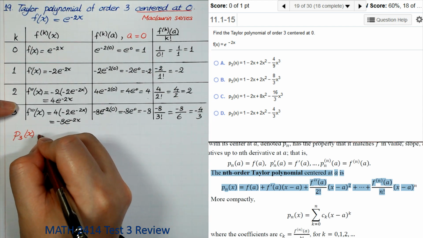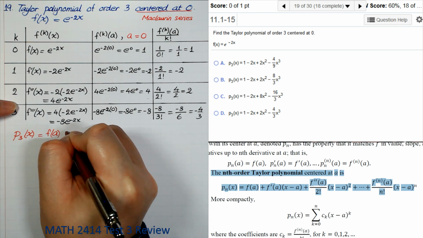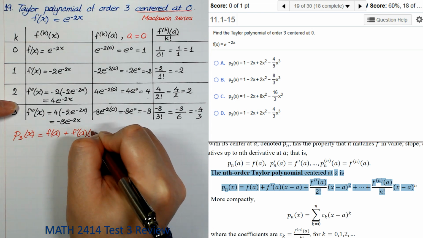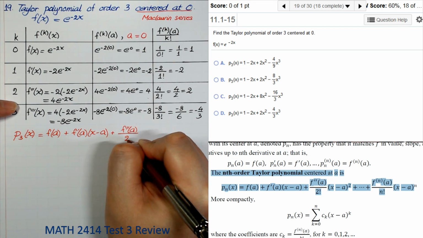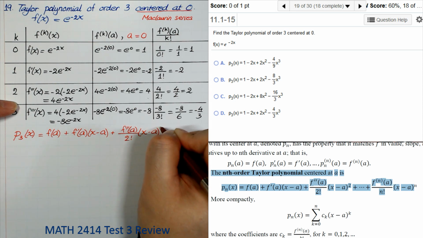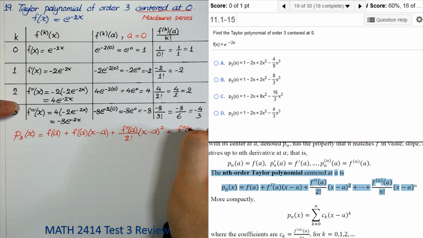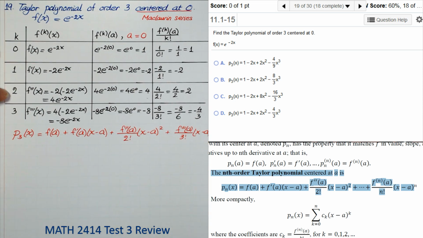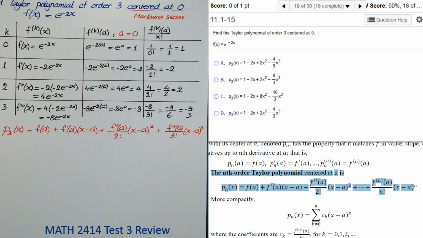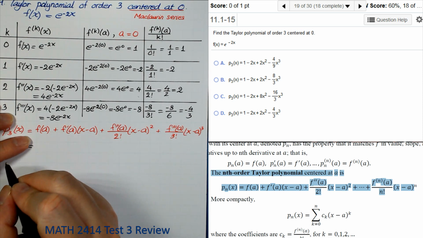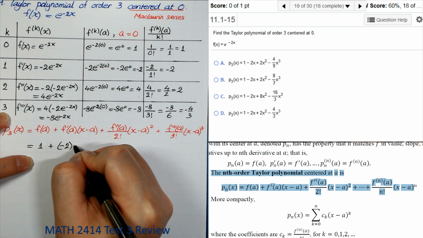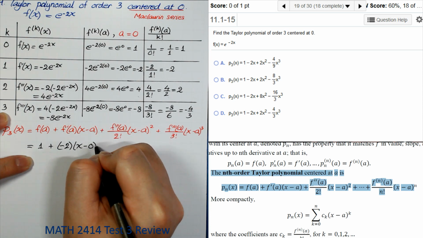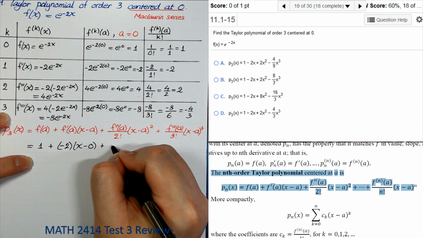It doesn't matter, let's say the center is A: f of A, f prime of A, x minus A, that power series, and then the values of the function, 1, derivative, A is 0, right, and then 2.